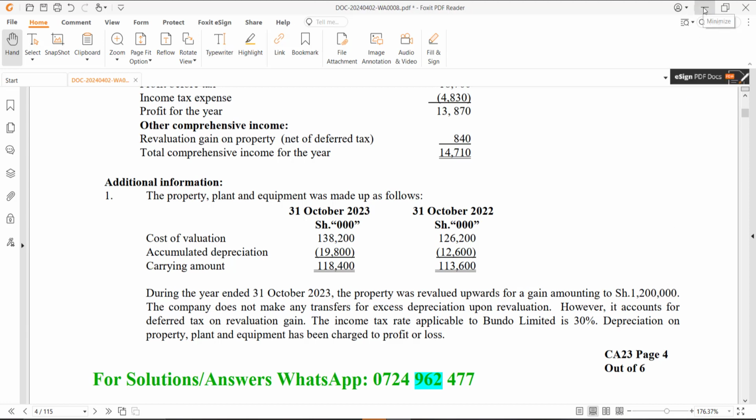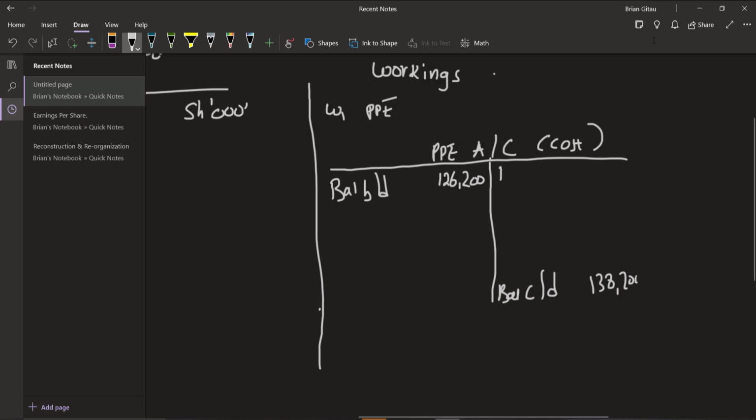So the property was revalued upwards, so we are going to debit that revaluation gain. So we have a revaluation gain of 1.2 million.